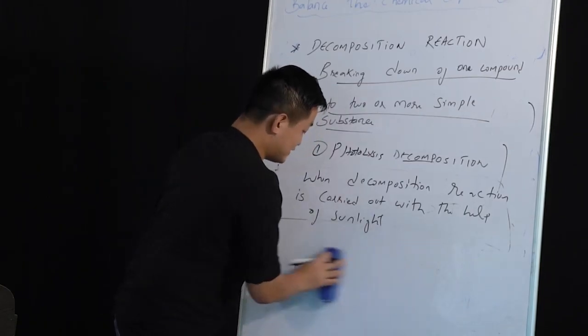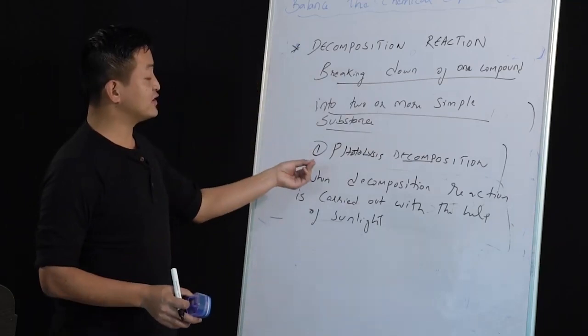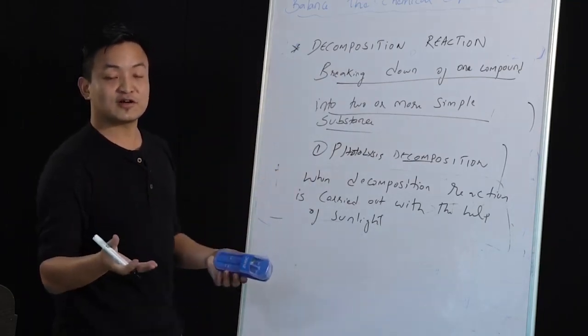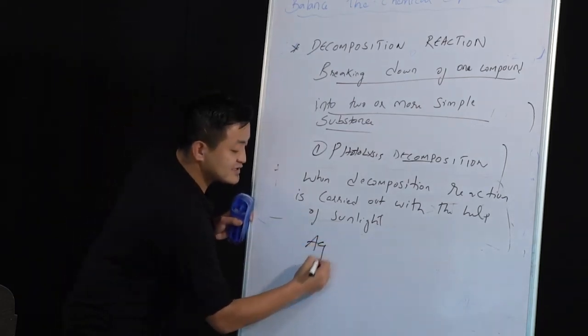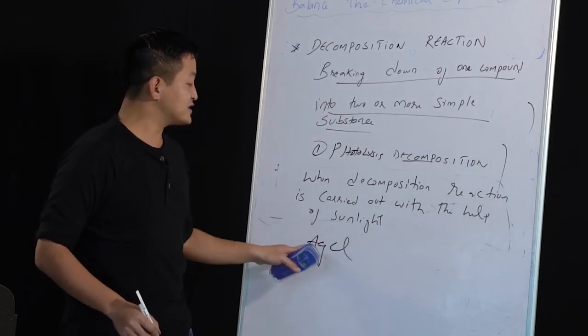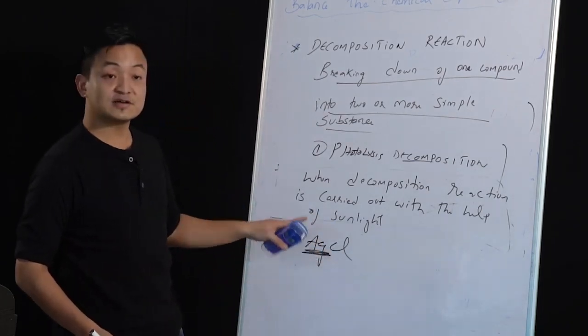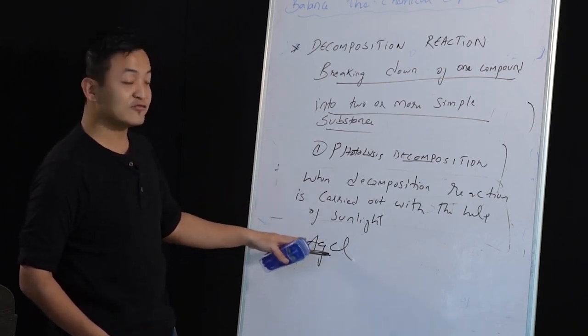So one important example and equation that I'll give for this one is silver. Silver, you all know what is silver. We don't just get it as silver, we get AgCl. Ag here is the chemical formula for silver. In chemistry, we never write the word silver while writing the formula.